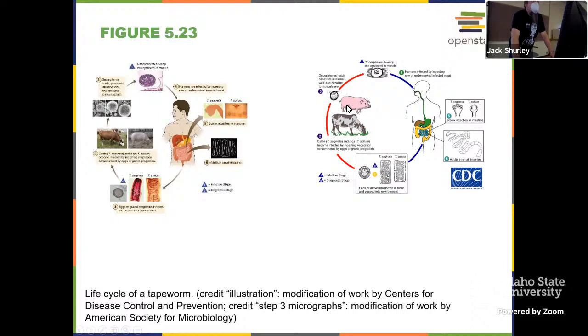The pork tapeworm is different, right? You can potentially, through poor hygiene, ingest an egg, just like the pig is doing, all right? You can ingest an egg, and then it's the same idea as if you are the pig. That egg hatches in your intestine, bores through, gets into your musculature, and forms a cyst.